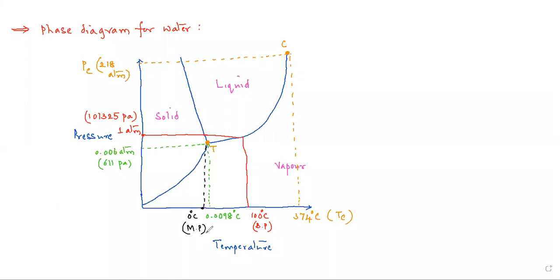Now, see, it actually resembles the phase diagram of a pure substance, except in one simple point. Only difference that we find in this, see, earlier, if you remember, this line was actually this way, right?